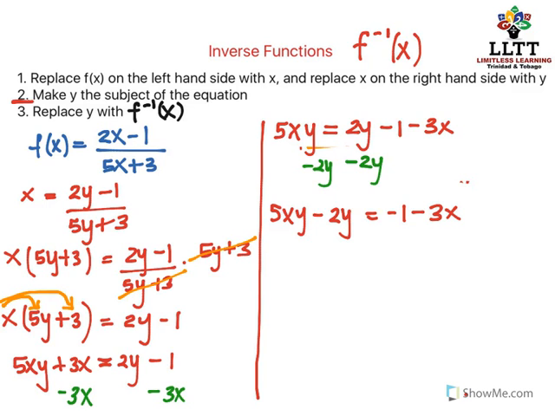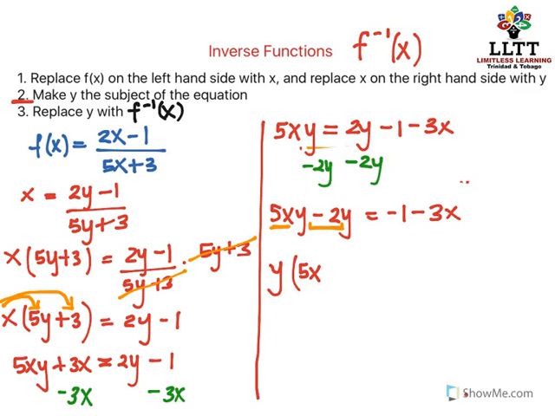Now both these terms on my left-hand side have a y attached to it. So what I'm going to do again is pull out the y. When I pull out the y, my first term, what will be remaining if I take out the y? Just 5x.